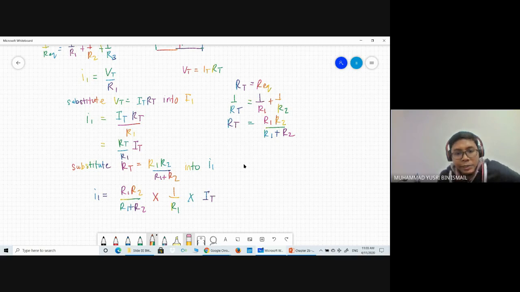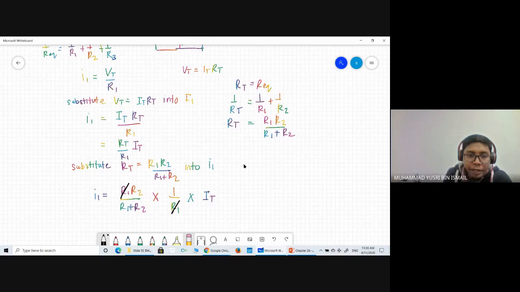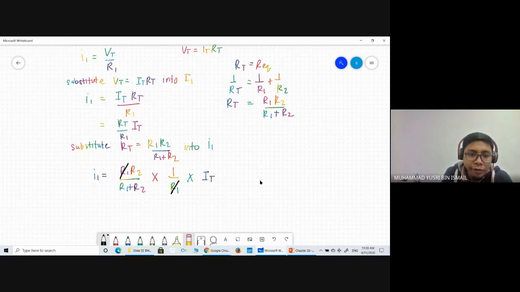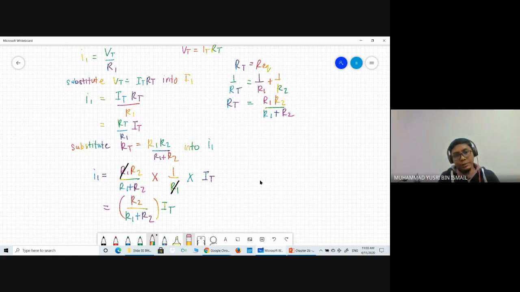I make it like this so that you can understand that I slash R1 and R1 here. If I directly divide, then you will sometimes be confused about how I cancel out the R1. So you will have R2 over R1 plus R2 times I total. Now we look at the definition.